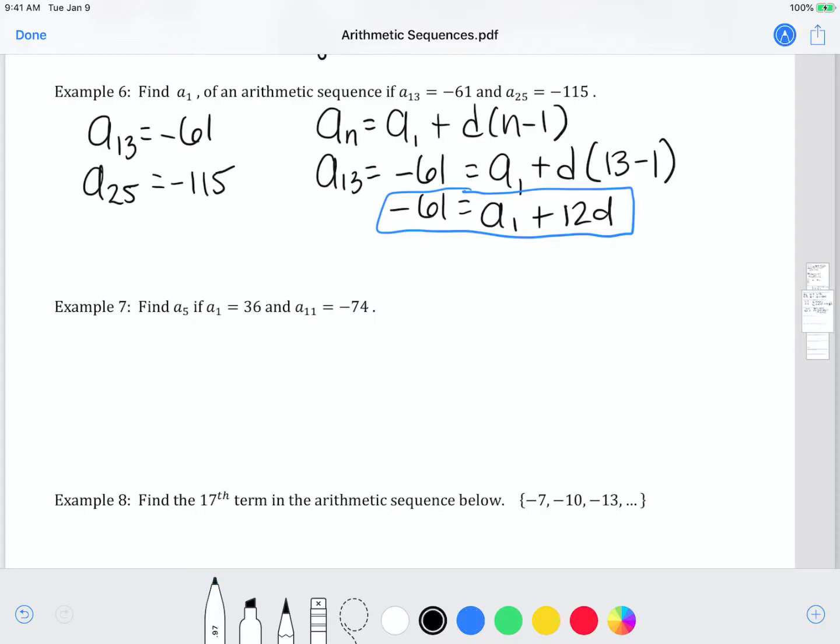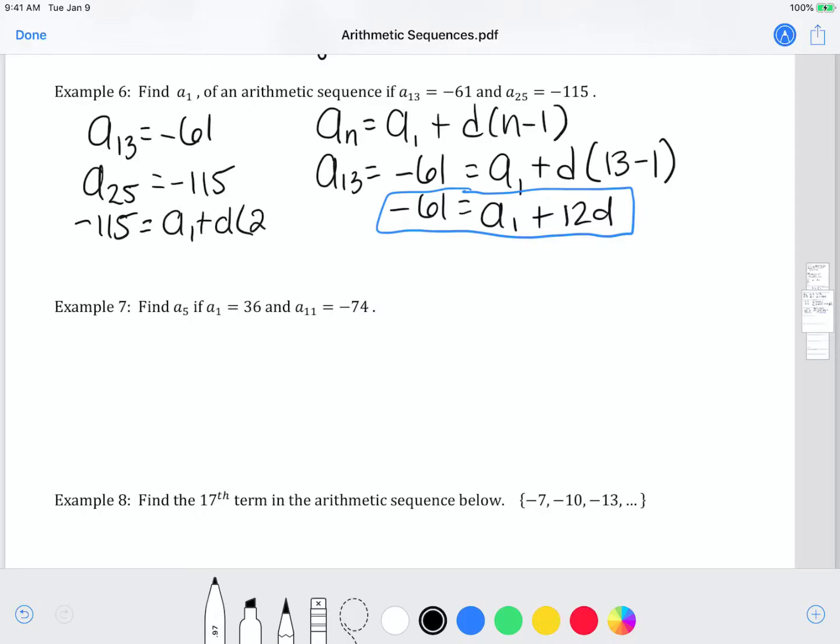Then I do the same thing and come up with the second equation. And then what we would have is a system of 2 by 2, where I have 2 equations and 2 unknowns, and we can use our knowledge of solving 2 by 2 systems in order to solve for A1 and D. So I'm going to plug in now, negative 115 is equal to A1 plus D times n minus 1.